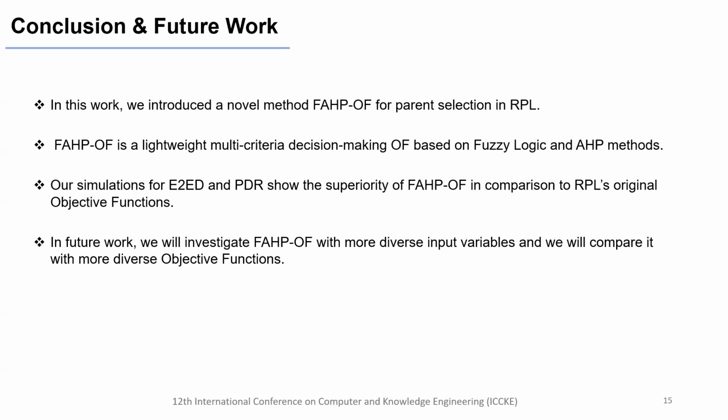Through our simulations, we evaluated end-to-end delay and packet delivery ratio, showing the superiority of FAHP-OF in comparison to RPL's original objective functions. In future work, we will investigate FAHP-OF with more diverse input variables, and also we will compare it with more diverse objective functions. Thanks for your attention.